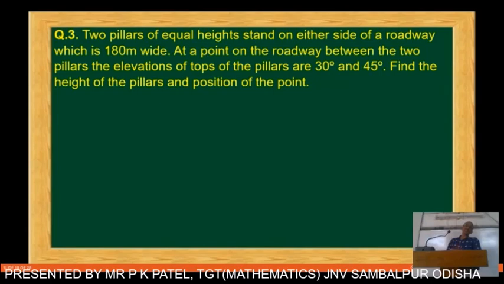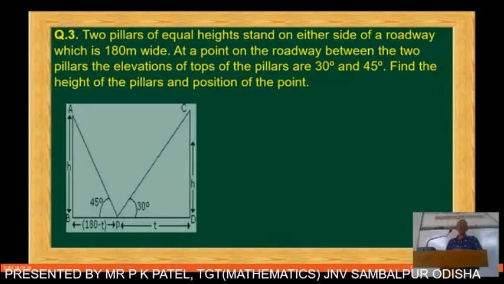Okay, this is the question. Two pillars are there, both of equal height, on either side of the roadway, which is 180 meters wide.